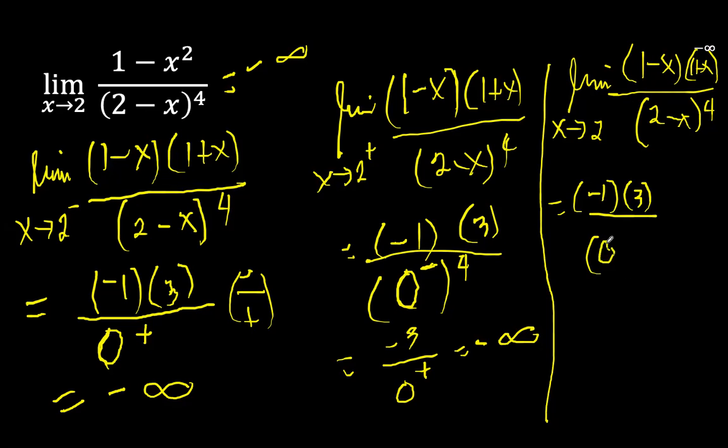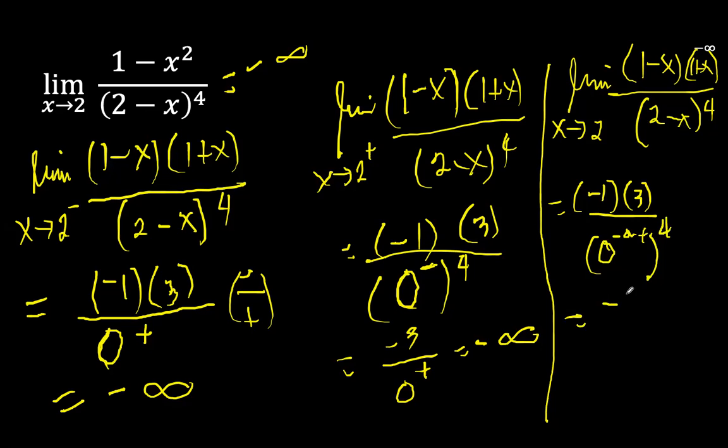So this could be 0, and it could be negative or positive, right? Negative values when x is greater than 2 but close to 2, and positive when x values are less than 2 but close to 2.